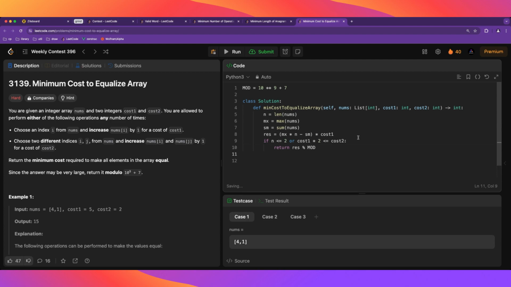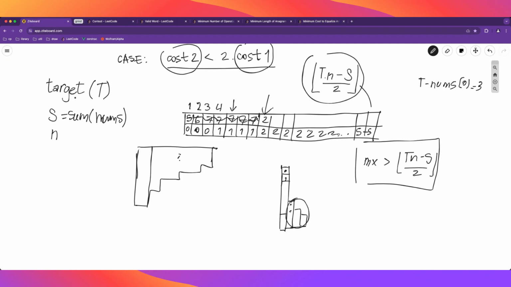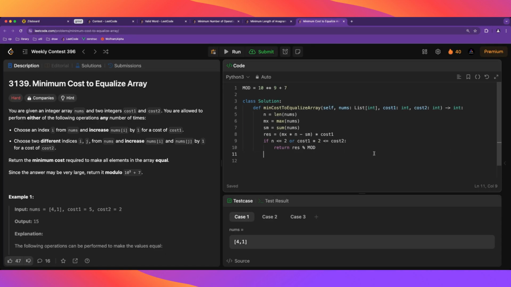And remember what I said here: we're assuming that we know what the target is, but we don't know what the target is. So maybe we can do a search for target. The target must be at least the maximum, right? Because we can only increment the values. And so here we don't know which values we have to. So let's say we do this.